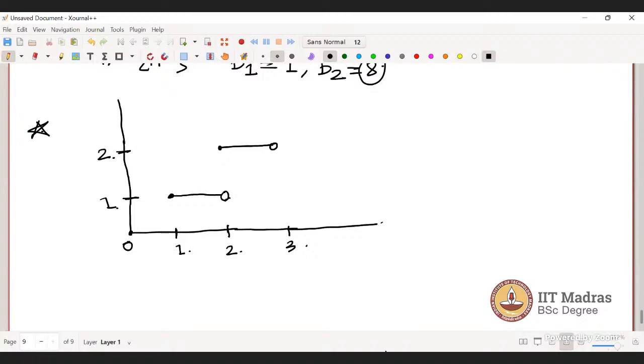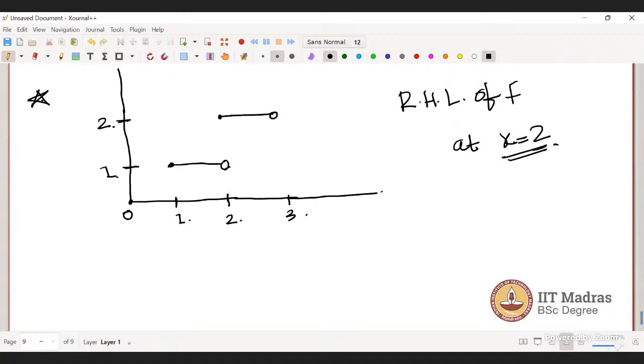So my question is, what is the right hand limit of the function f at x equal to 2? Why 2? Because f(2) equals 2? No, that is not the definition of right hand limit, right?